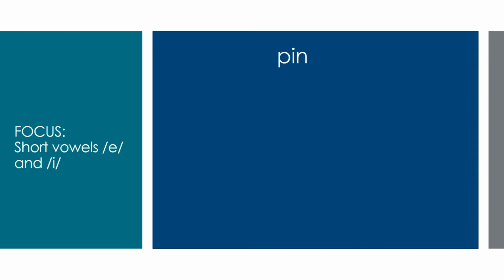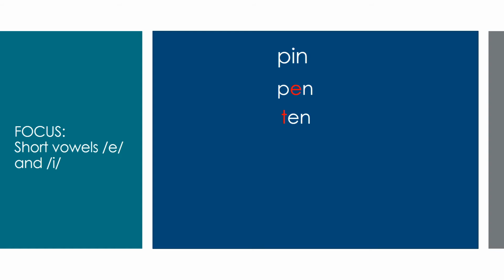Spell pen. Now make ten. Change pen to ten. What sound changed? Let's tap ten and find out. T, e, n. The first sound changed from a P in pen to T in ten. Spell ten.